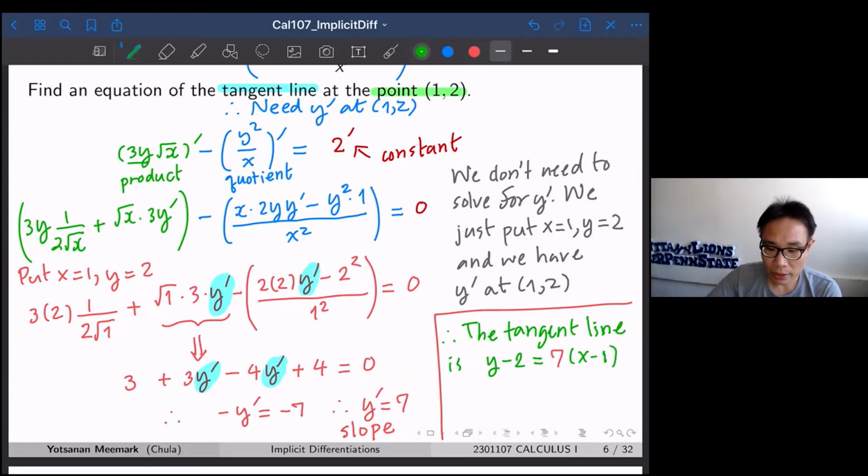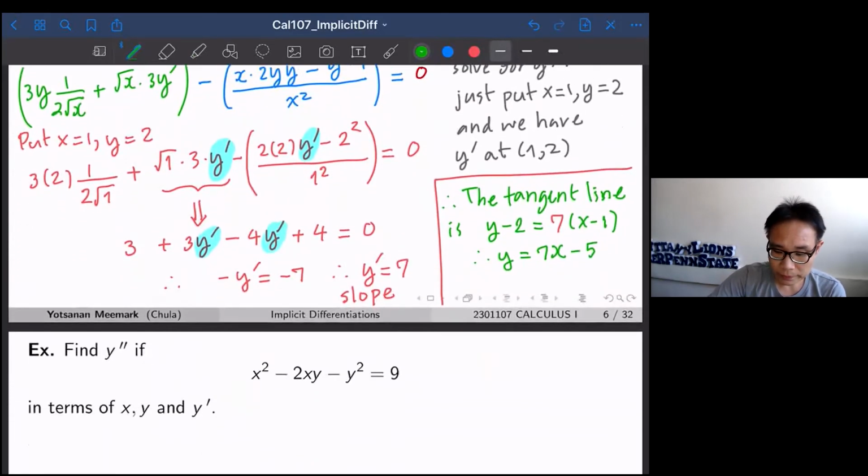So y equals 7x, 7 times negative 1 is negative 7, negative 7 plus 2 is negative 5. So this will be your solution, your tangent line.